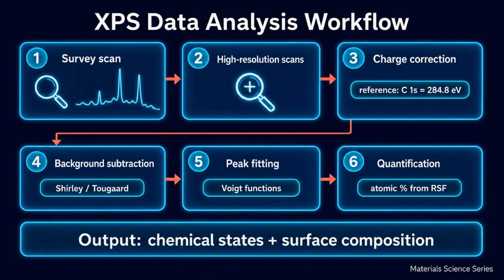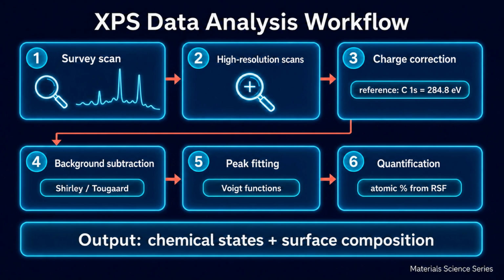A systematic workflow ensures reliable XPS analysis. Start with a survey scan for element identification. Acquire high-resolution spectra of relevant regions. Apply charge correction by referencing adventitious carbon to 284.8 eV, and subtract appropriate backgrounds using Shirley or Tougaard methods.